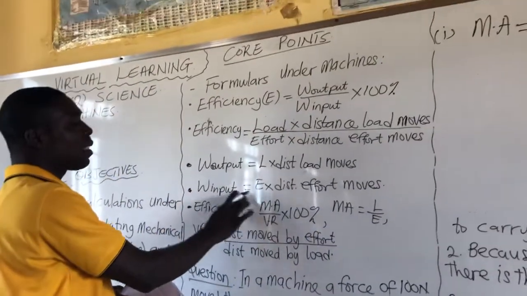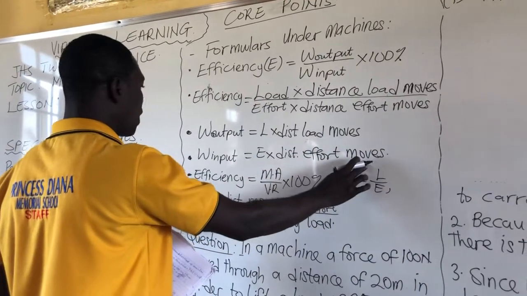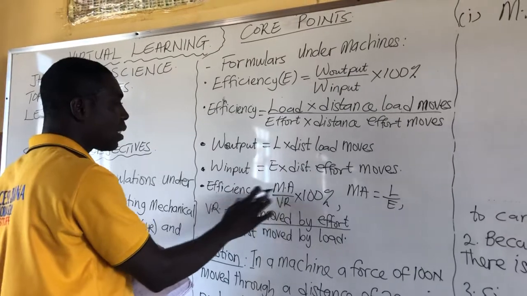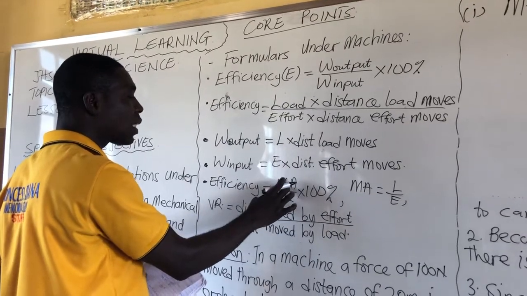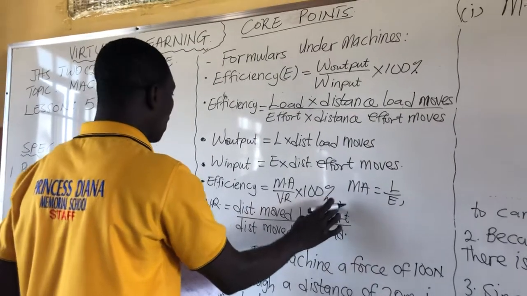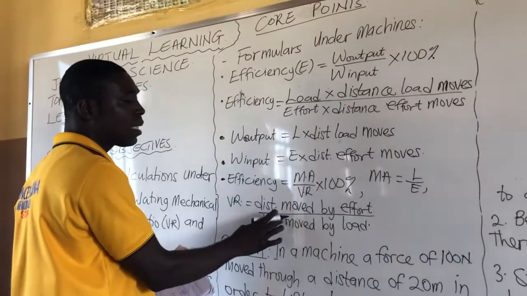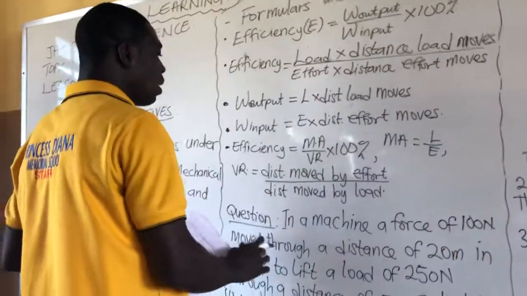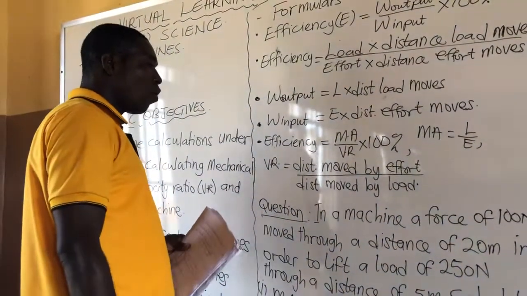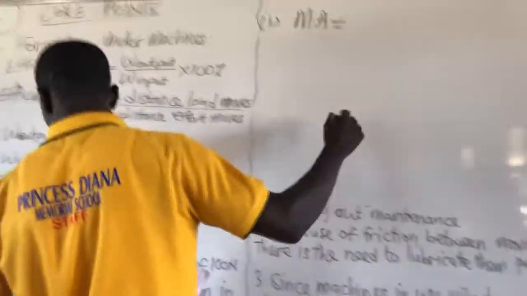Work input is equal to effort times the distance effort moves. And the same efficiency is expressed as mechanical advantage over the velocity ratio times 100%. And we also have the velocity ratio being equal to the distance moved by the effort over the distance moved by the load.